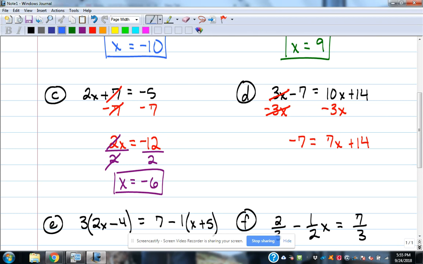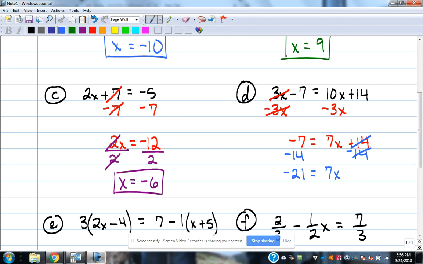All right? So how do I move that 14? Subtract it. Minus 14. Those cancel. Negative 7 minus 14, negative 21. Now I've got a problem where I've got 1 thing on the left side, 1 thing on the right side.